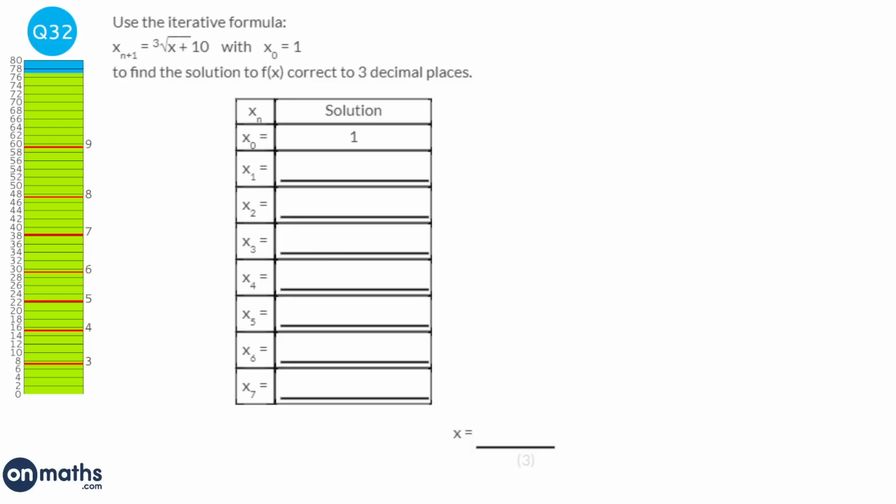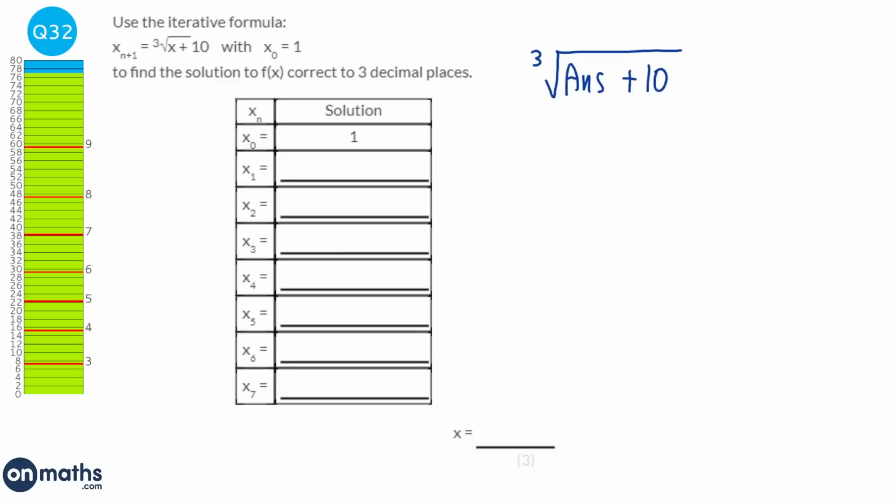But on our calculator, what we're going to do is just press the button 1 and then equals. Now what that will do is it will store the 1 that we have here in our calculator. Then we're going to type in the cube root button, and the 1 will disappear. That's not a problem, because the next thing we're going to press is answer plus 10. So on your calculator it should look like this: the cube root, and then answer plus 10.